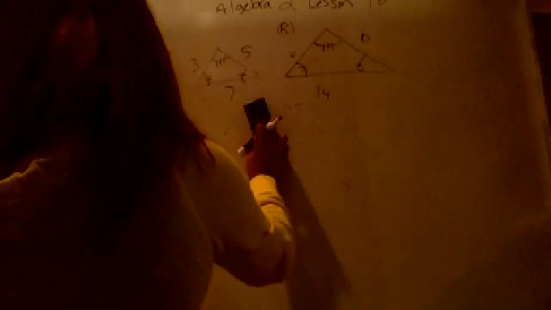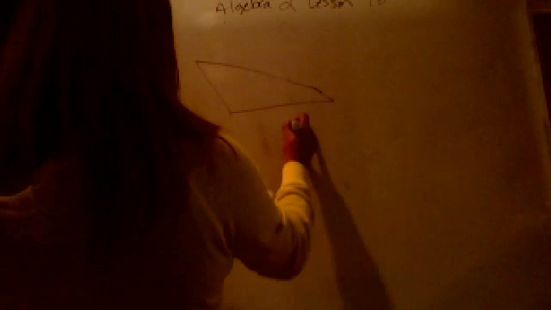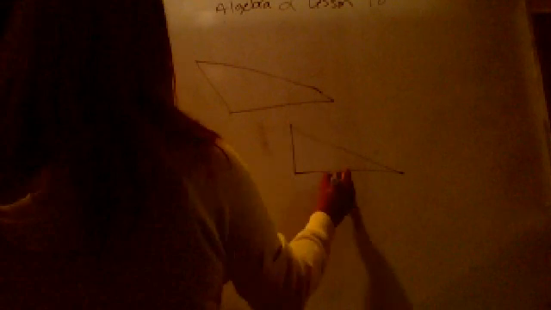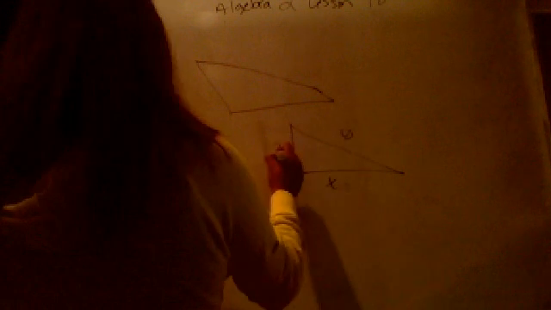So the tick marks tell us, let's look at example 18.3. It says the 2 tick marks tell us that the triangles are similar. So let's look at them. We've got triangles that look like this, with sides X, Y, 3, 5, 7, 4.